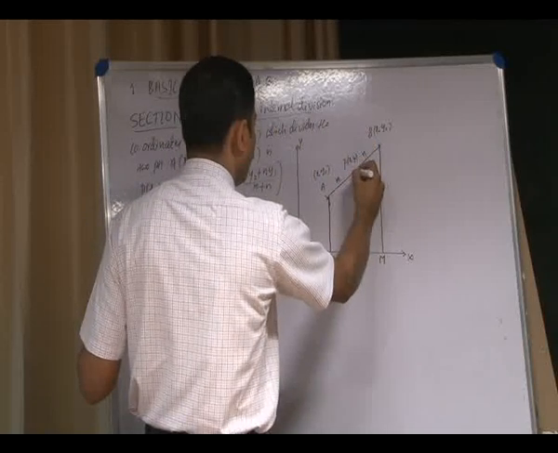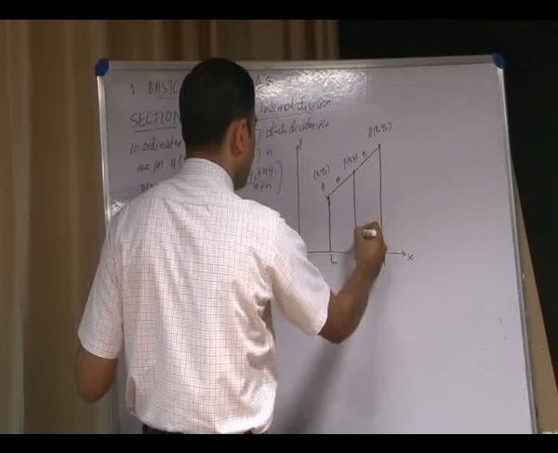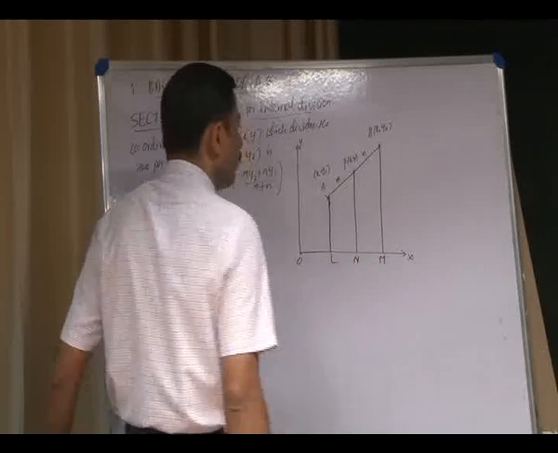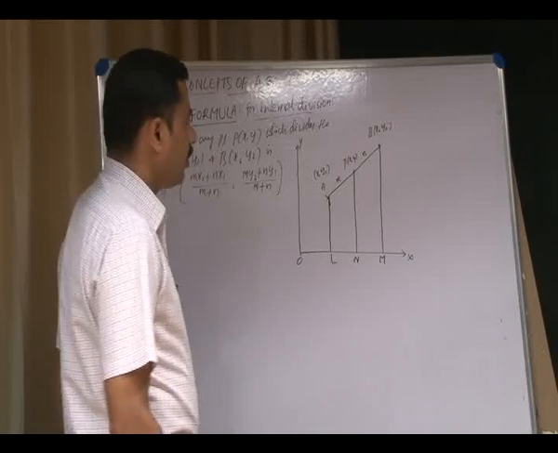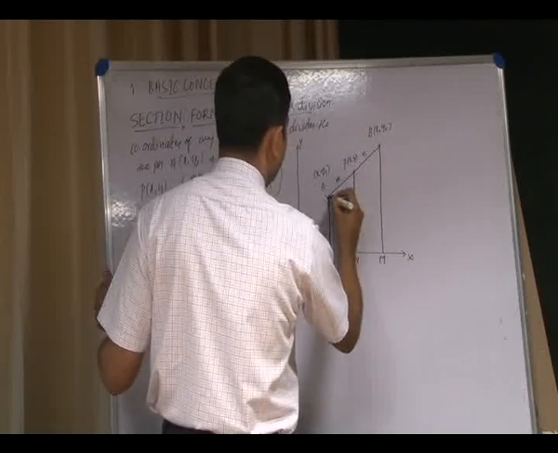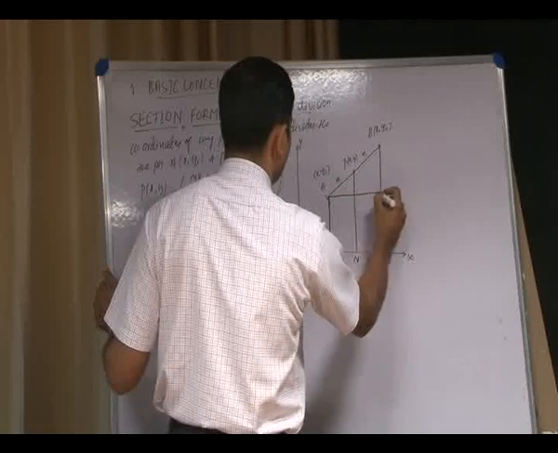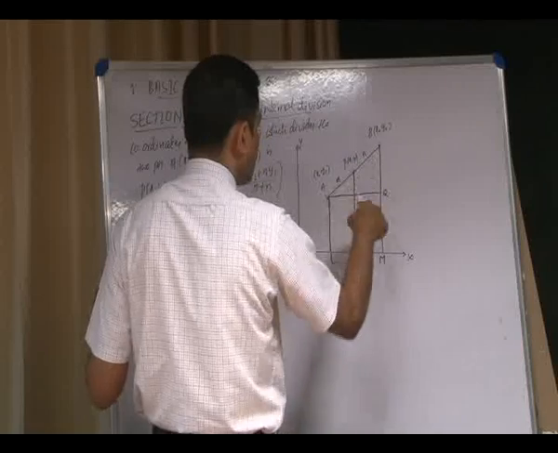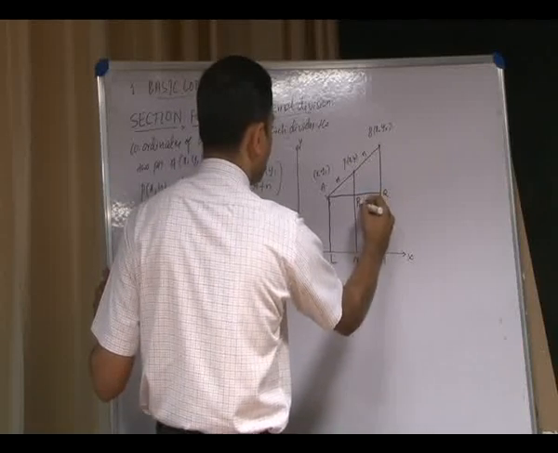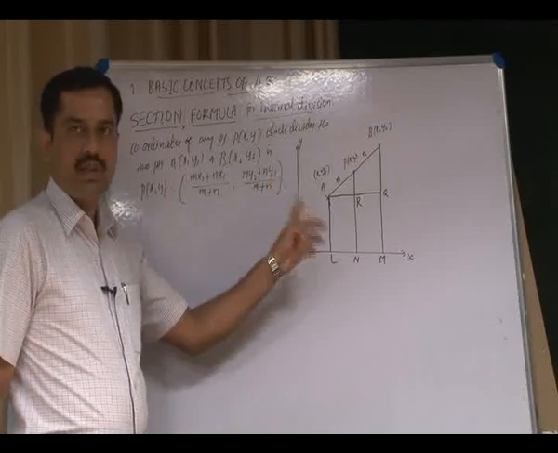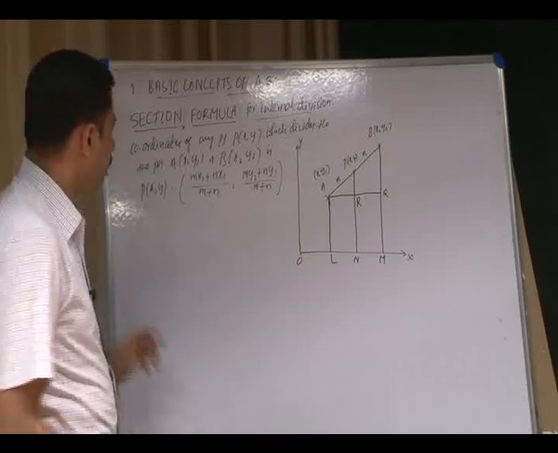I will draw one more perpendicular from point P to the x axis, like this, PN. Further I will draw one perpendicular from point A to the line BM. It meets at point Q, and it also cuts the line PN at R. By considering this figure you are going to derive this relation.